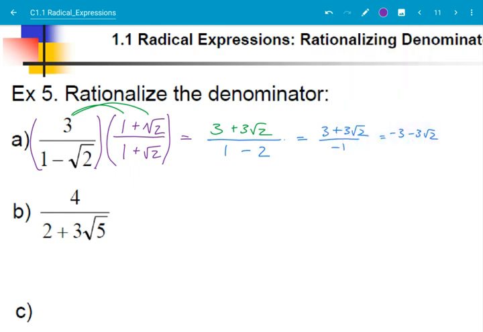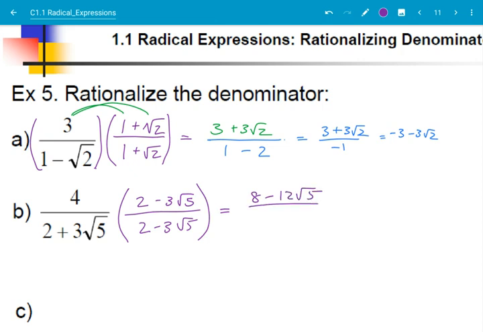Okay, if you're ready to begin, the conjugate is 2 minus 3 root 5. So the numerator and the denominator have to be exactly the same thing. Distribute in the numerator. Difference of squares pattern in the denominator. 3 squared is 9.